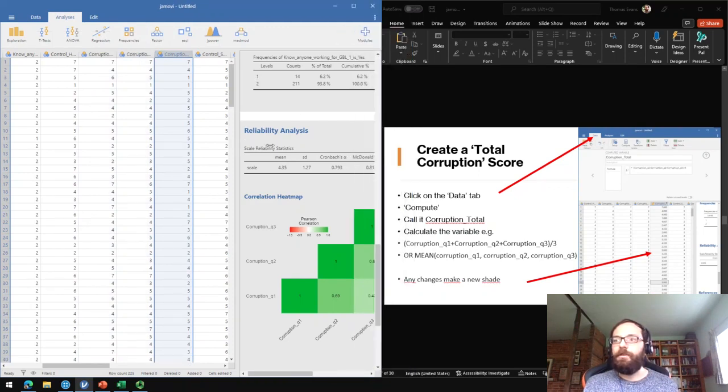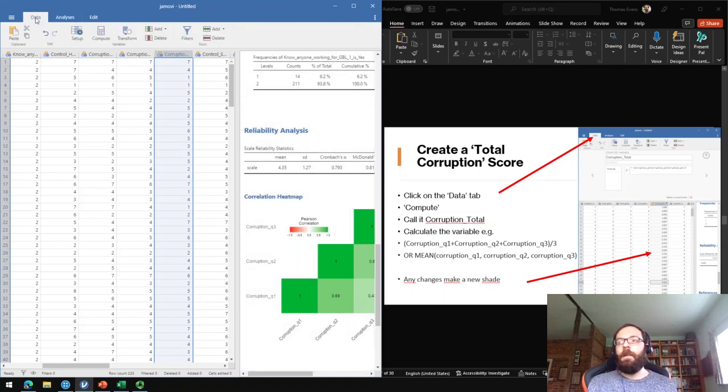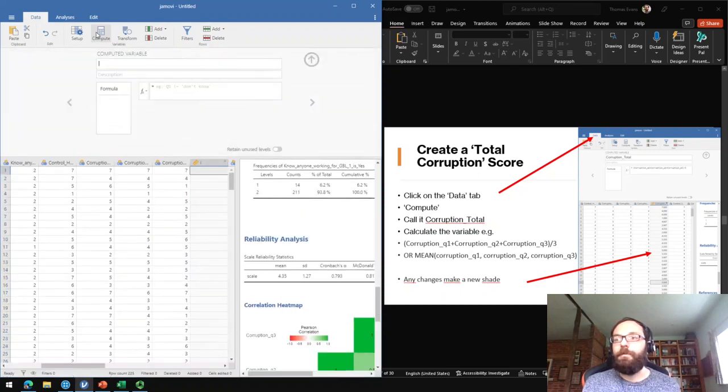So let's get data in full view. And then what we're going to do is go to the Data tab on the top left-hand banner. And so what we're going to want to do is compute a new variable. And we're going to call it corruption underscore total.